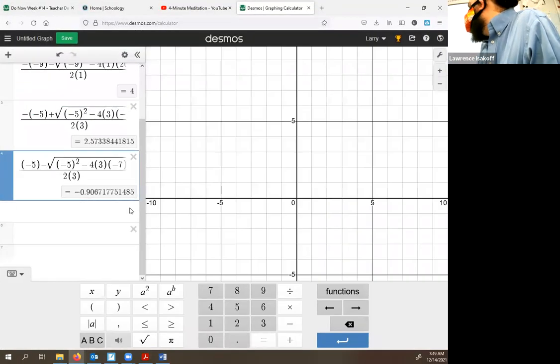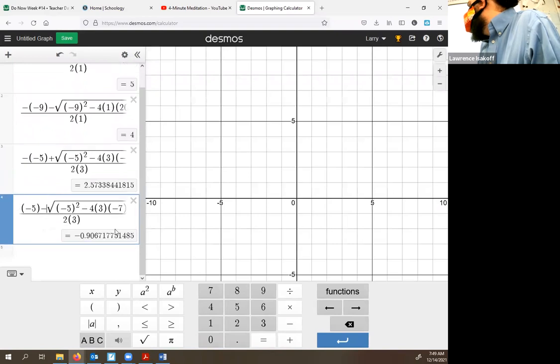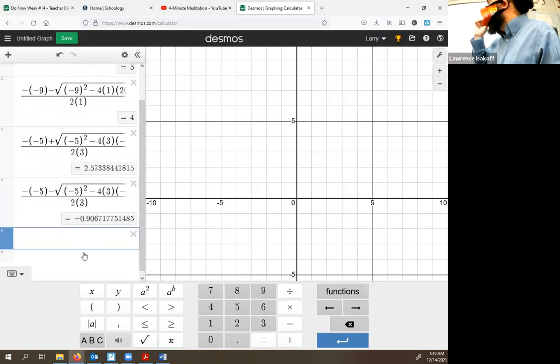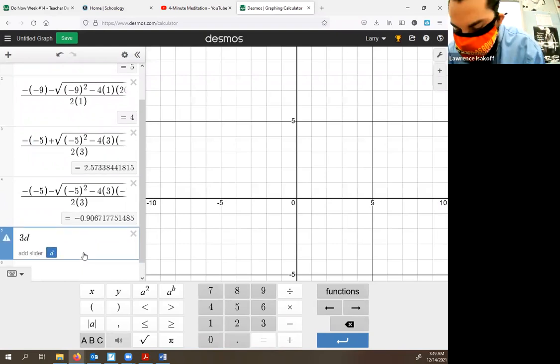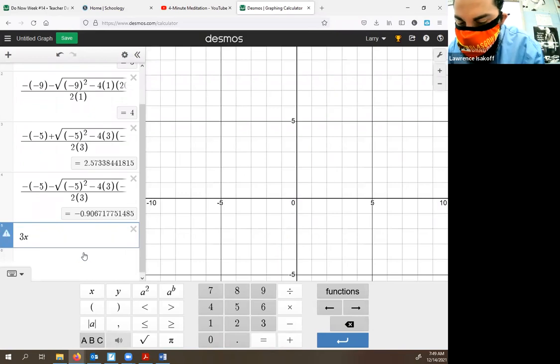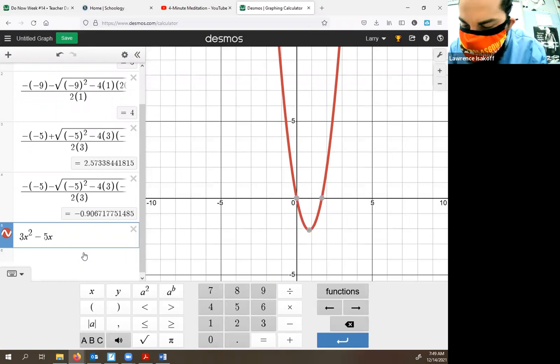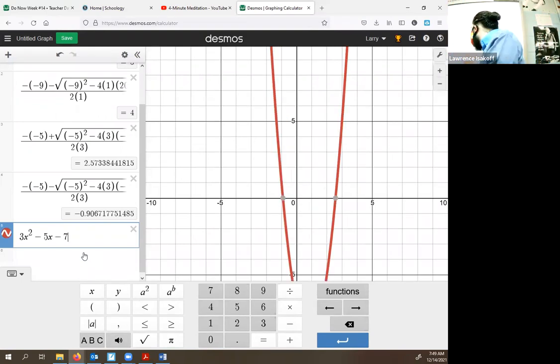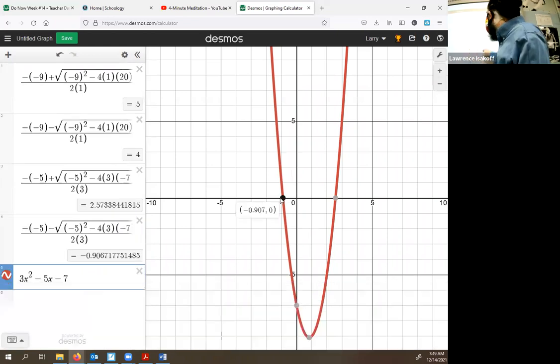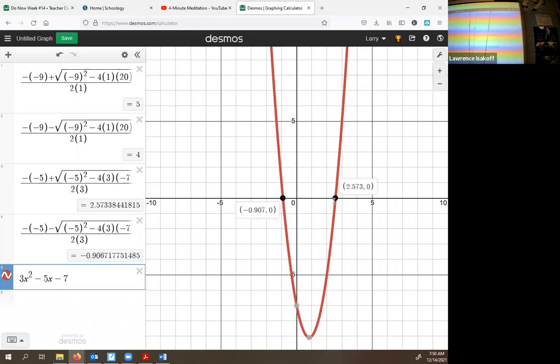Now you may be saying like, okay, I see how you got that, but how do we know those are right? Here's what I'm going to do. I'm going to quickly graph the equation. 3x squared, and that's a minus 5x minus 7. And if I click on where those cross, notice if we go, thank you very much, Caleb.